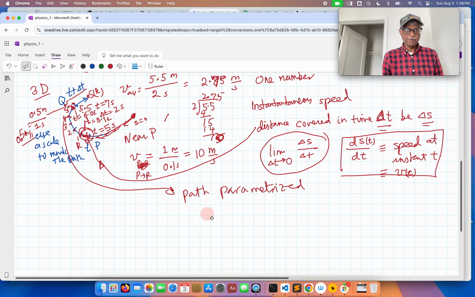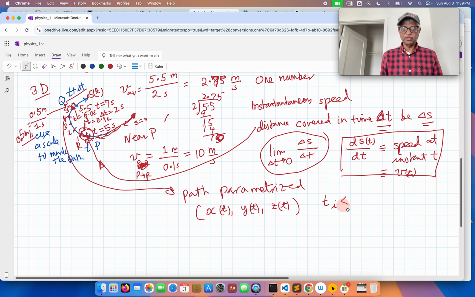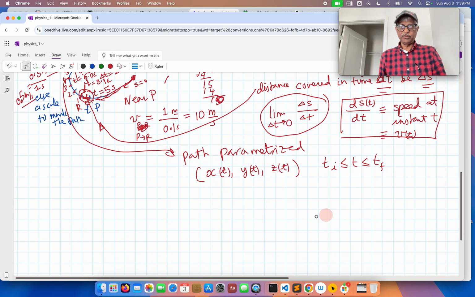You can say x of t, y of t, and z of t. This is the path, and t goes from some t initial to t final. So that is the path, and you can plot it in 3 dimensions, and it will look like something like that. All right, so this is the path.